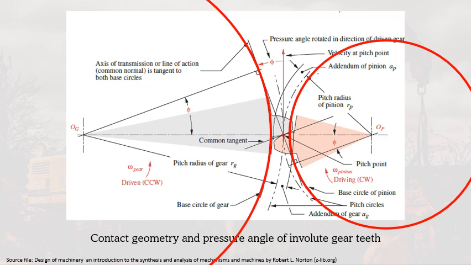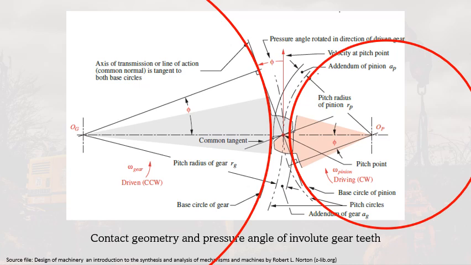These two circles represent the base circle of the gear, this bigger one, and the smaller one, since the smaller is the pinion, is the base circle of the pinion.